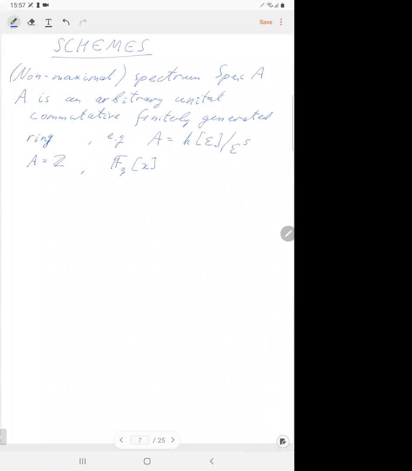So it's a vast generalization of what we had before, and we have to define this spectrum, but not necessarily maximal. So it's bigger.